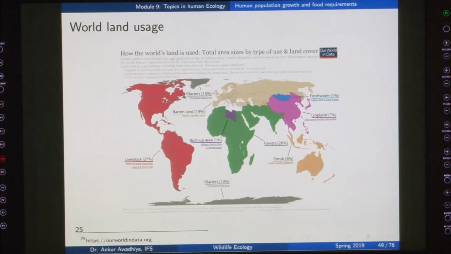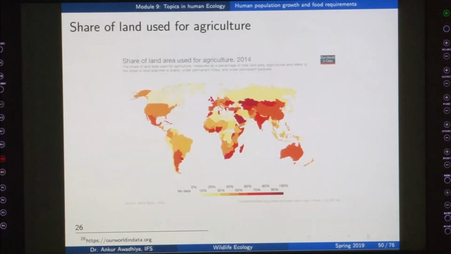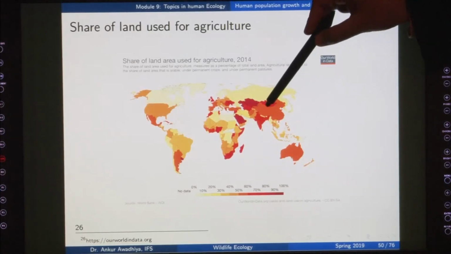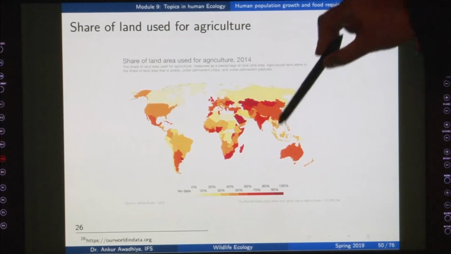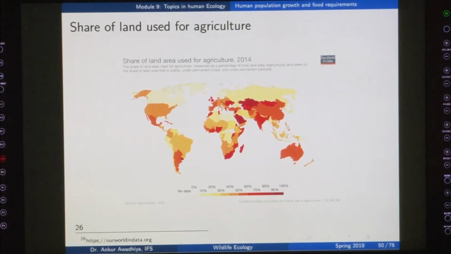In this manner, the amount of land being used for agriculture is increasing with time. And for a number of countries such as India, we can say that as much as around 80% of the land is currently being used for agriculture.